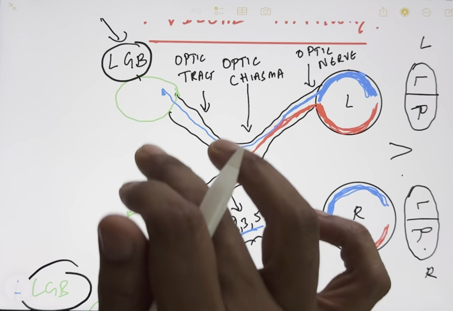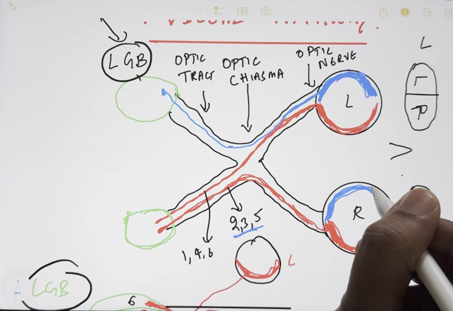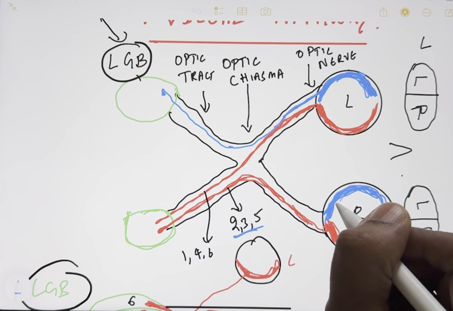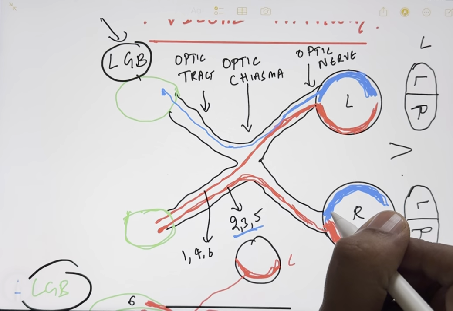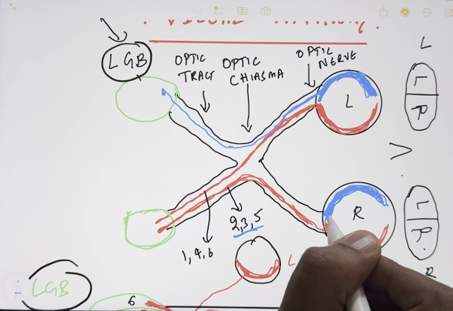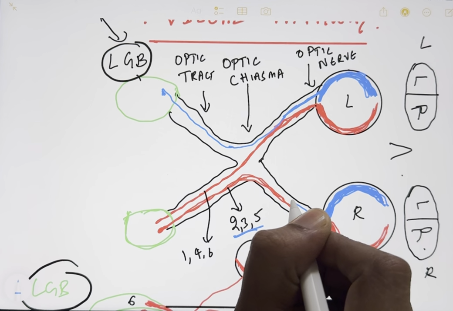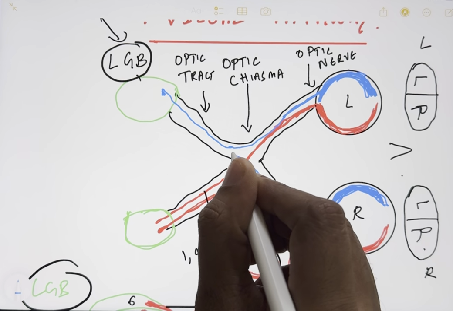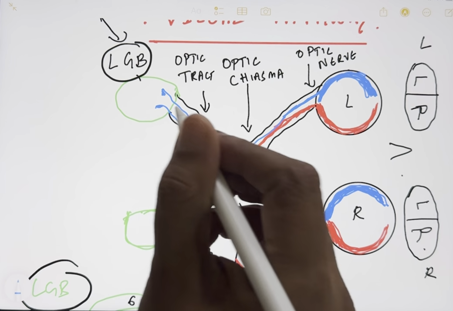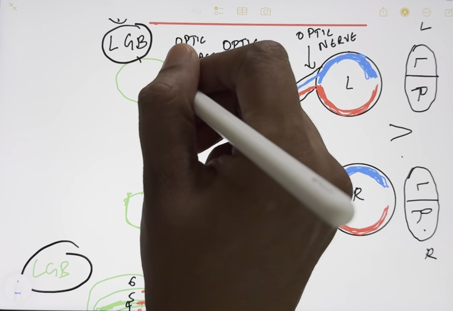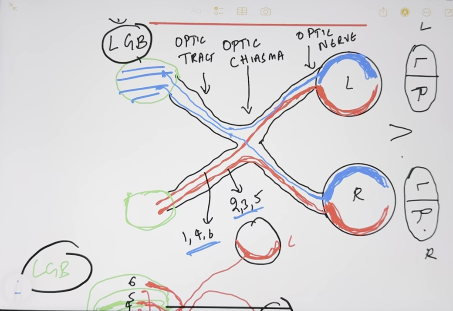Similarly, this half hemiretina is the nasal side of the right eye; the fibers will cross to the opposite side and terminate in layer number 1, 4, 6 of the lateral geniculate body. Hope it is very clear.